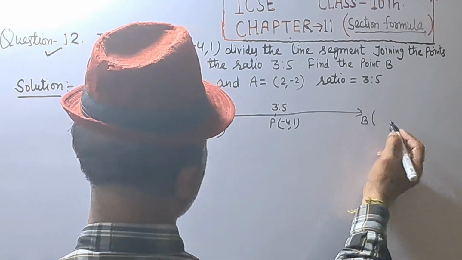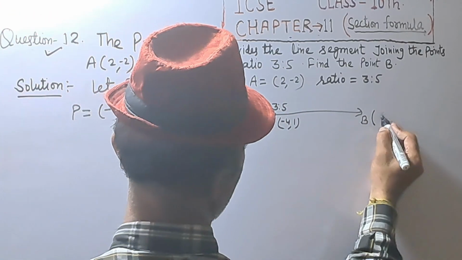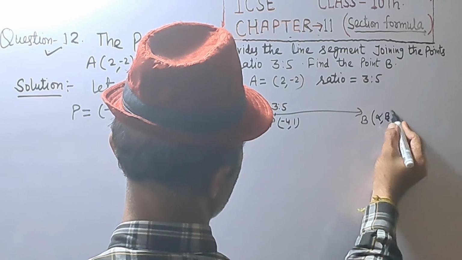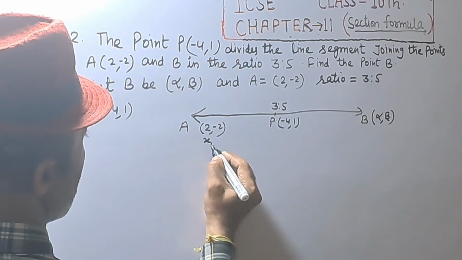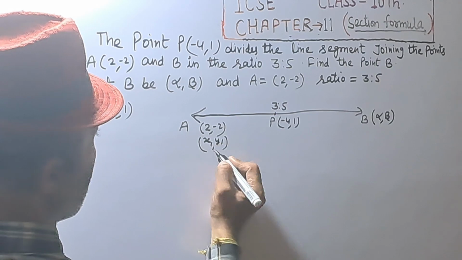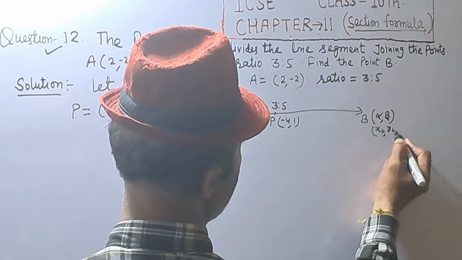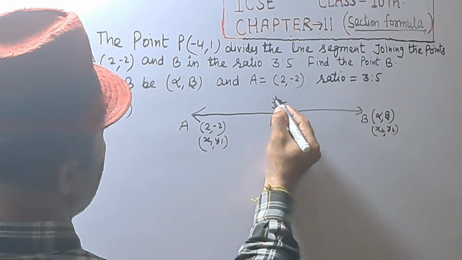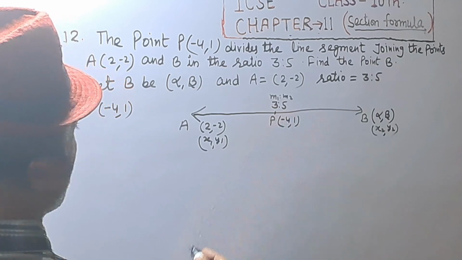We have to find the coordinates of point B, that is (alpha, beta). It's (x1, y1) and (x2, y2), and the ratio is m1:m2.